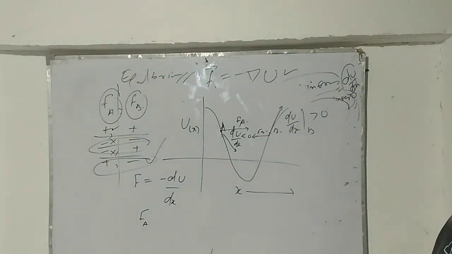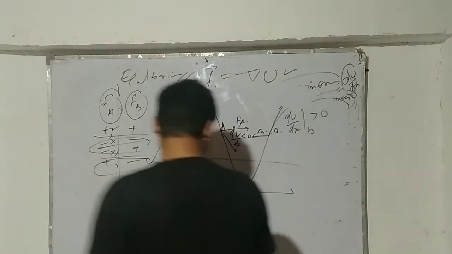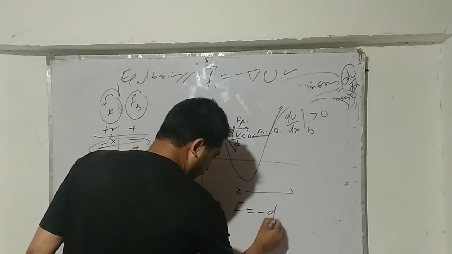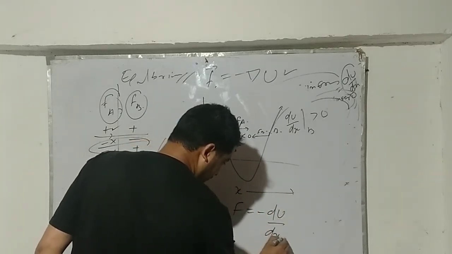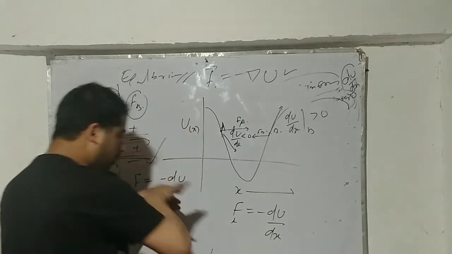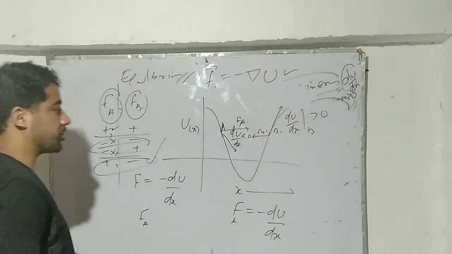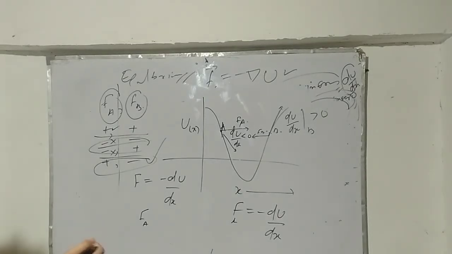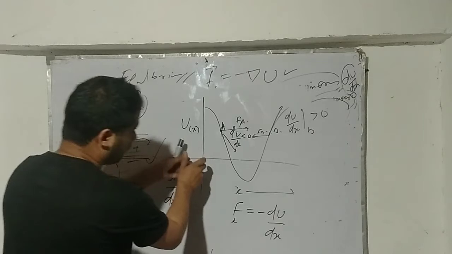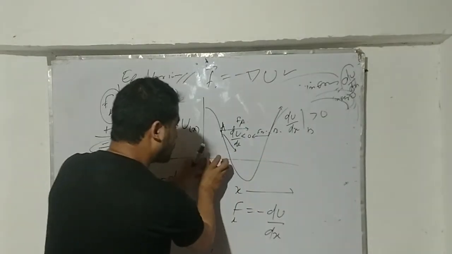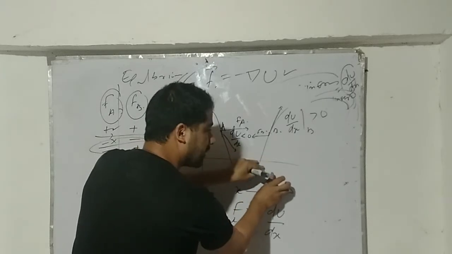Not only this, I told you something very important before. When we talk about the force, the potential energy will decrease in the direction of force. When we move in the direction of force, there will be a corresponding decrease in the potential energy, okay? Because when the distance increases, when the separation increases, obviously the potential energy will decrease.